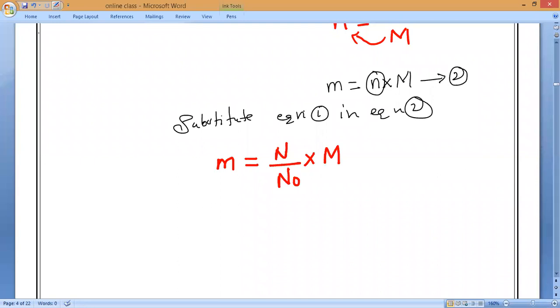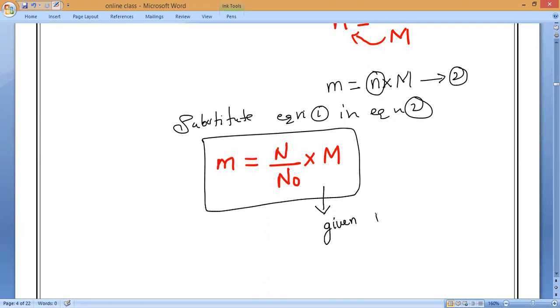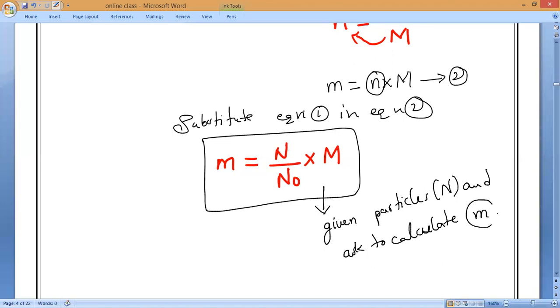So this is the formula we have to use when they are giving the particles, N, and asking us to calculate the given mass. Then we have to use this formula. So please all of you make it. This is case number 3: given particles and asking us to find the mass. Do it fast, everybody.